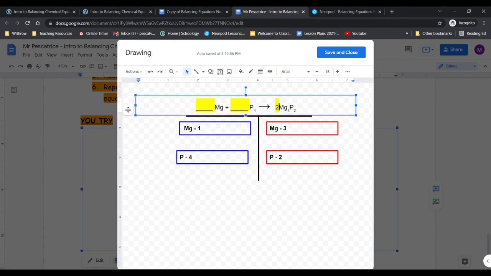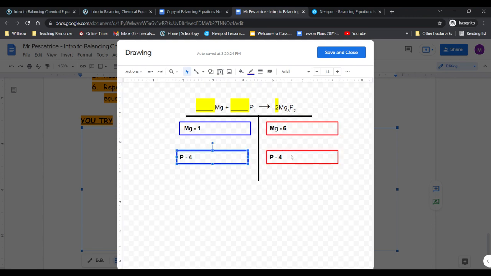So 2 times 2 would make this 4. However, since magnesium and phosphorus are bonded together, you're also going to change your number of magnesium because you can't change one without changing the other when you put coefficients in. So 2 groups of 3 makes 6.